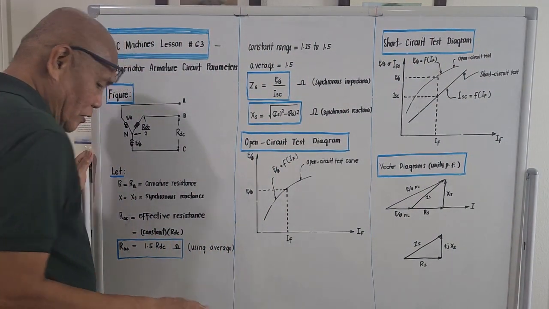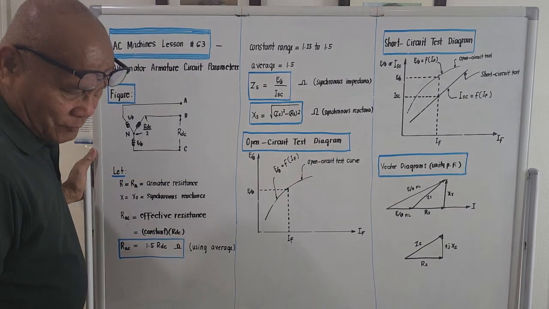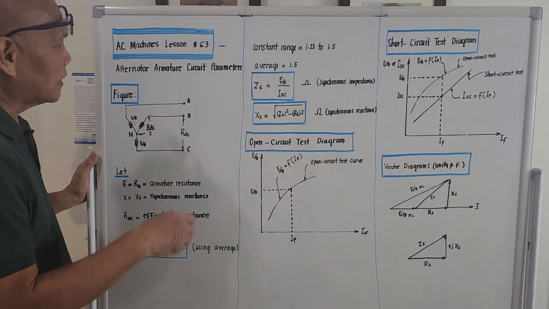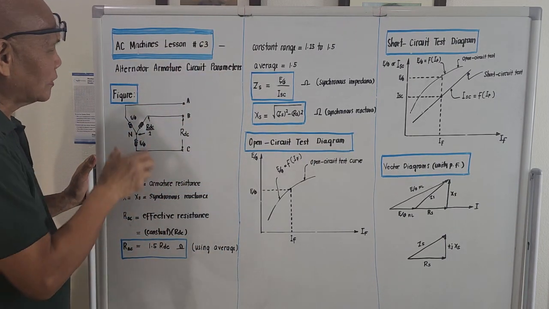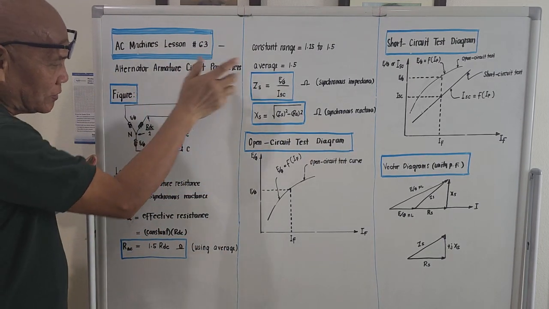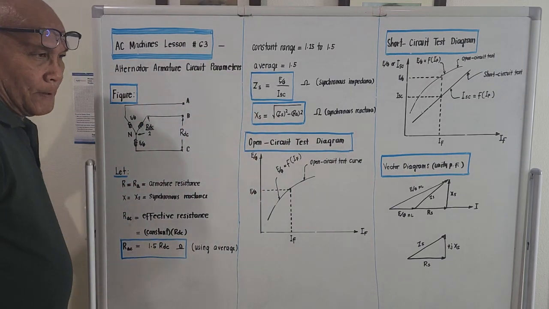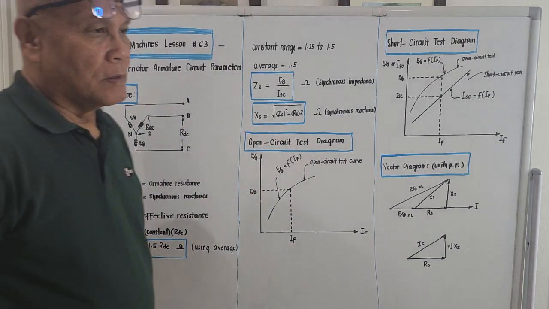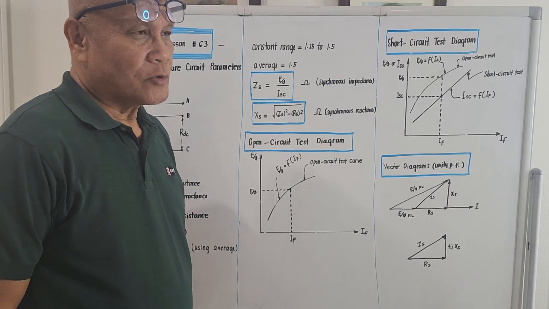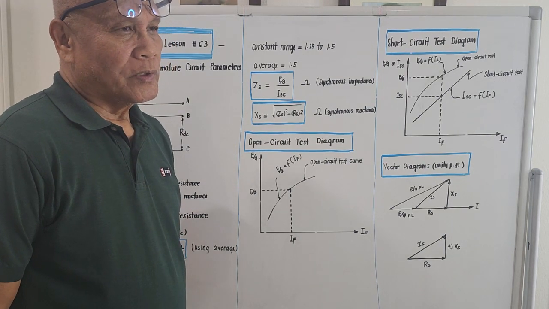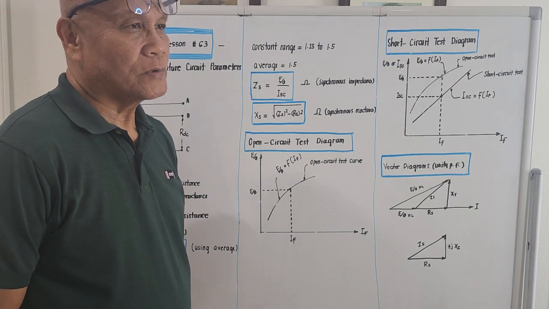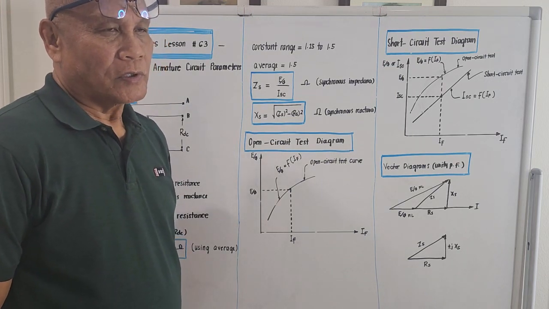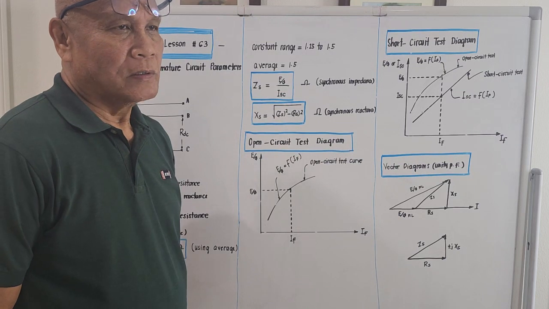The subject matter for this morning will be a continuation of my subject matter AC machines. I am now on lesson number 63, and the title of the topic is Alternator Armature Circuit Parameters. We are done with the transformer. When we were in the topic transformer, we also computed the voltage regulation of the transformer.